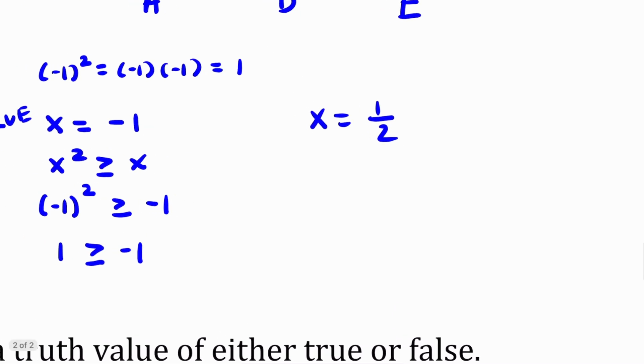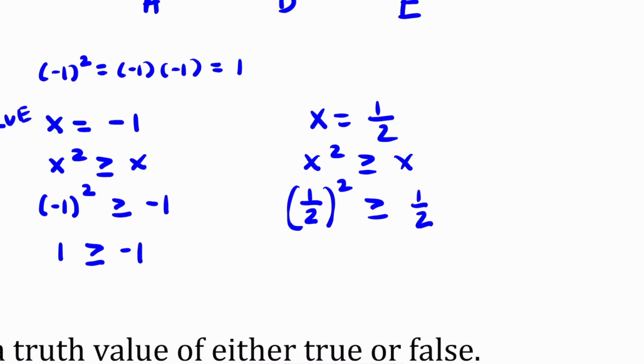That's going to be my attempt at providing a counterexample. So here we go. x squared greater than or equal to x. Let's replace these two x's with 1/2. So I have (1/2) raised to the second power, with parentheses around the 1/2, greater than or equal to 1/2.